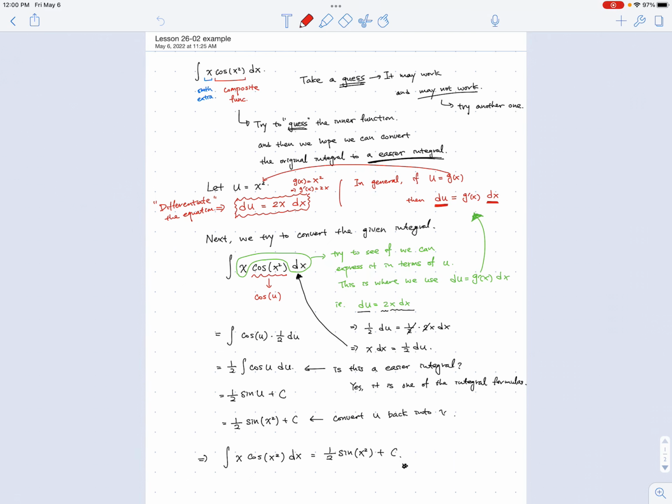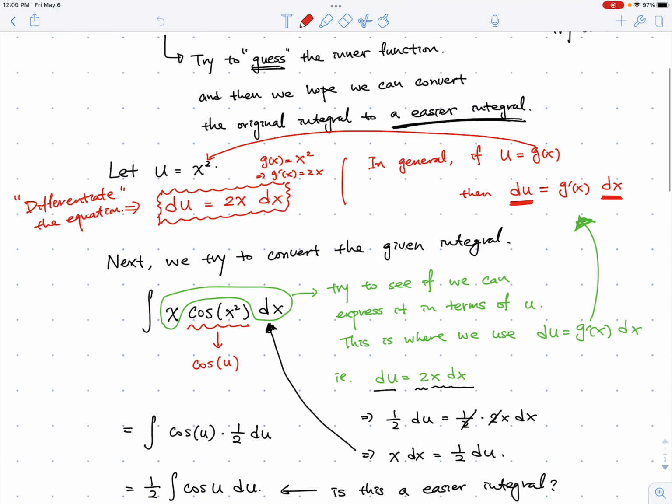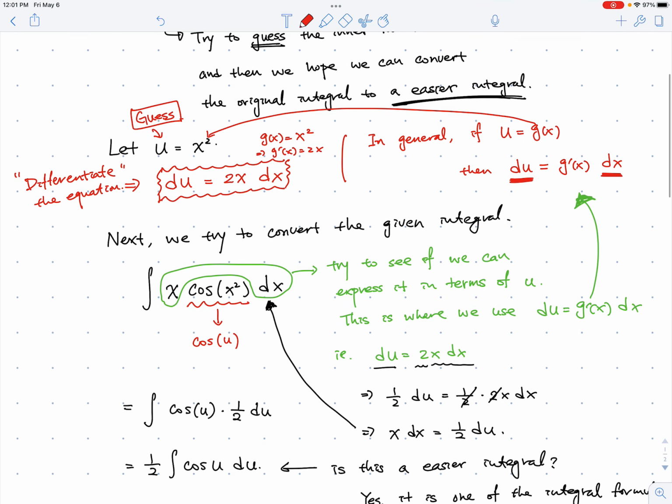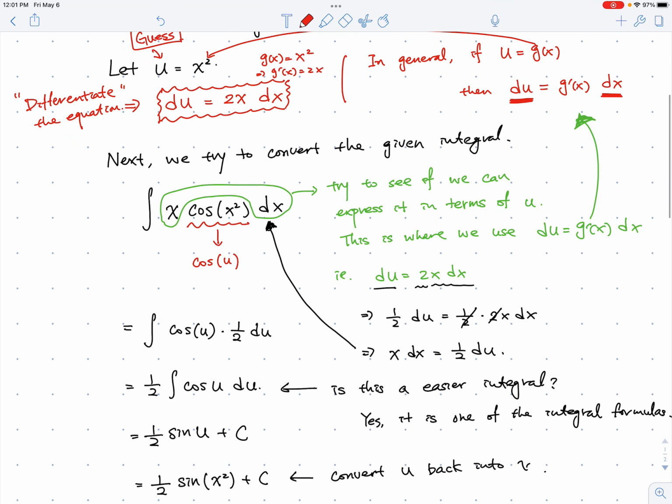You set u to be the inner function. In this example, we have u equal to x squared. You have to take a guess. Once you have this, you differentiate the equation, but make sure you keep the du and dx so you can do the conversion correctly.